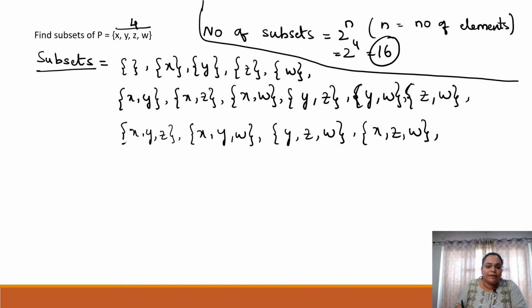Once we complete 3 elements, I'll take all the 4 elements because every set is a subset of itself. Now let's count: 1, 2, 3, 4, 5, 6, 7, 8, 9, 10, 11, 12, 13, 14, 15, 16. So we have got 16 subsets which is matching to our formula. Yes, so it is right.